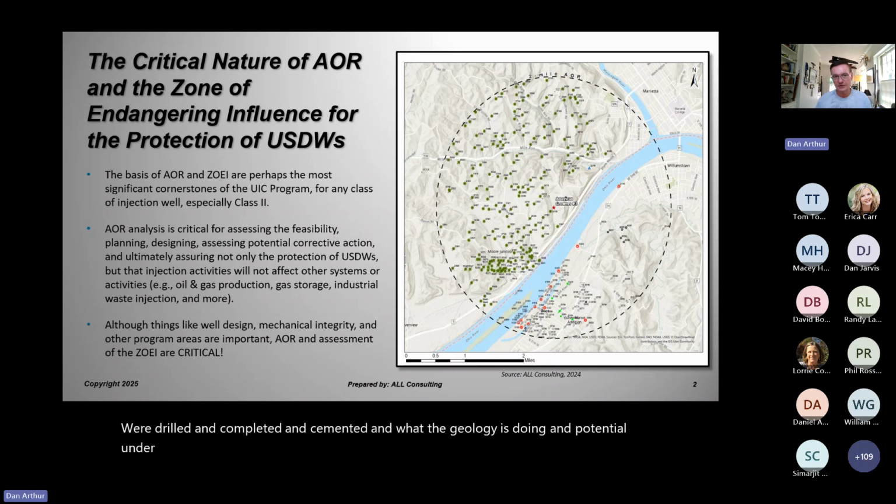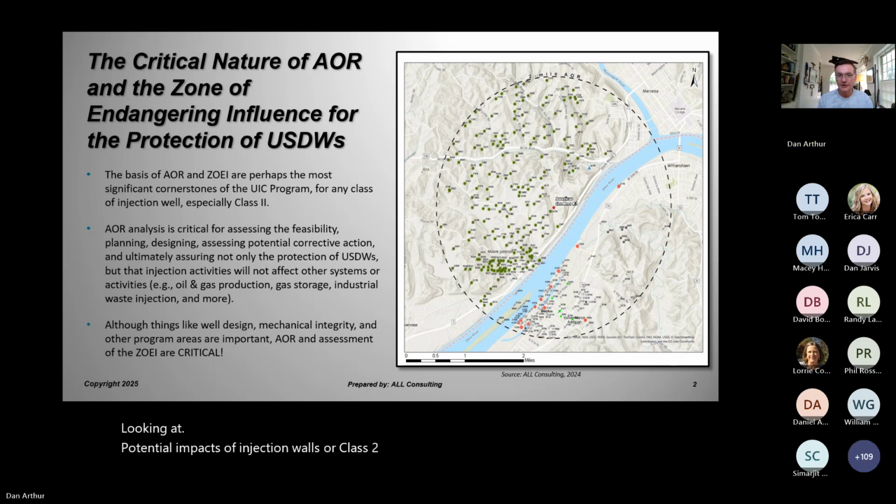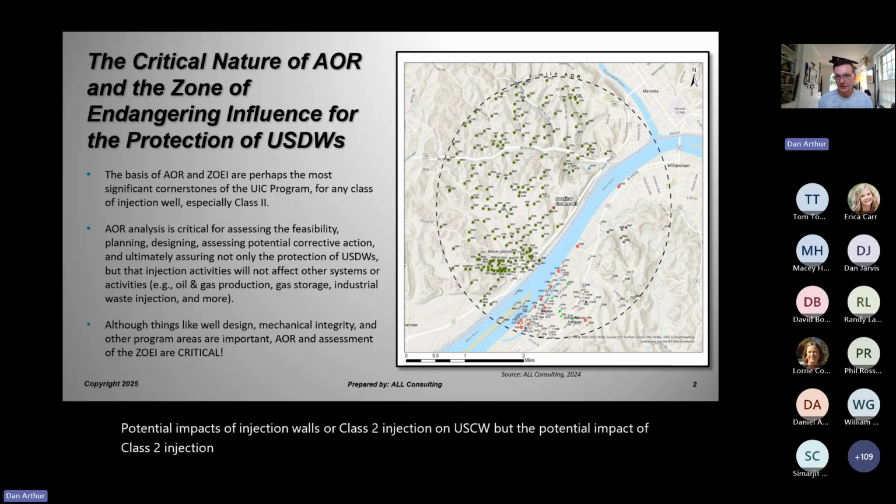One of the things that we're getting pulled into a lot today is not only looking at potential impacts of Class II injection on USDWs, but the potential impact of Class II injection wells on producing wells.